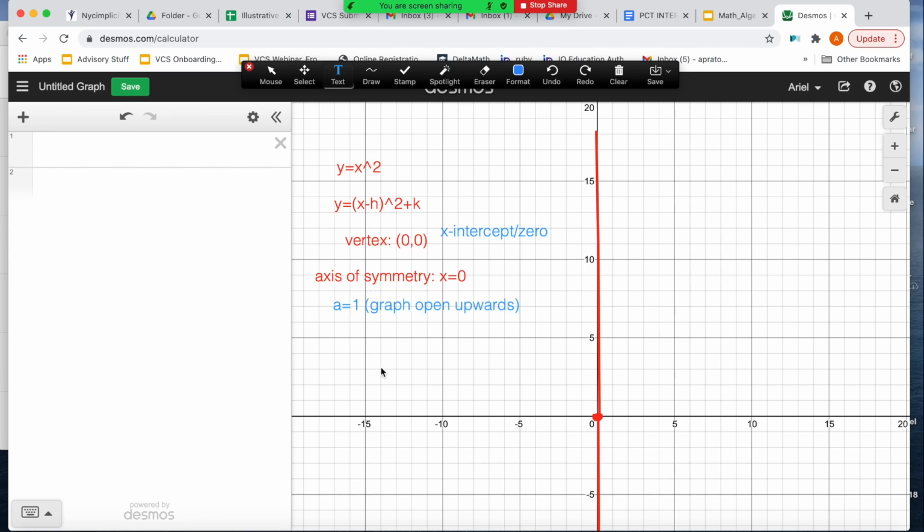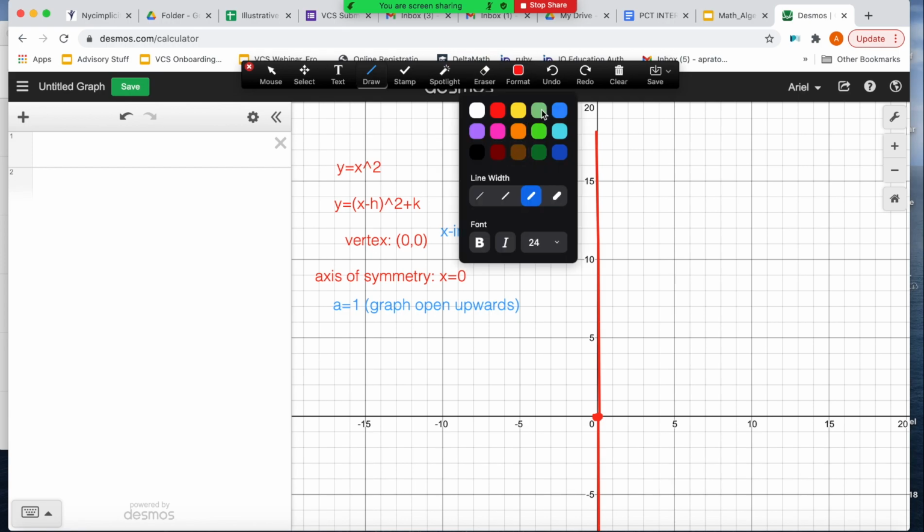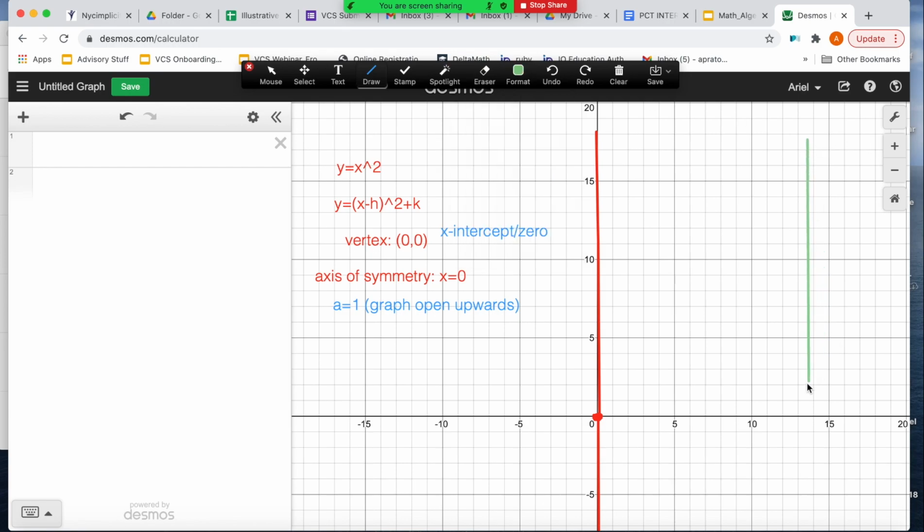So now the next step is we need to figure out, so we know our graph's going to go this way, we need to figure out a couple of points to plot so we can actually create this graph. So in order to do that, I'm going to make a table. Okay, let's actually use a different color. And we'll just call this x and this y.